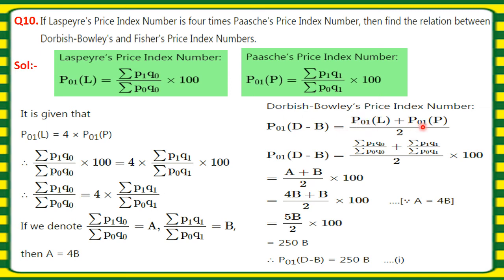Now A is equal to 4B, then 4B plus B upon 2 into 100 is 5B upon 2 into 100, that is 250B. That is P01 of DB is equal to 250B, which is taken as equation number 1.